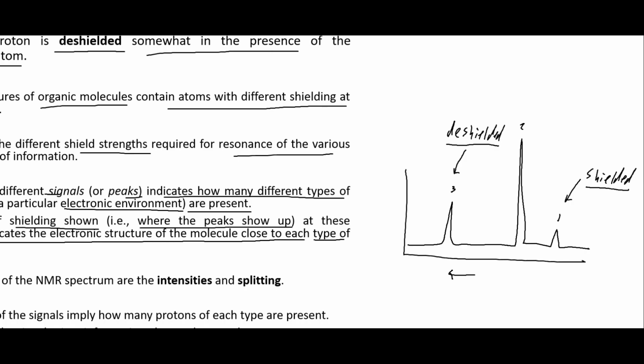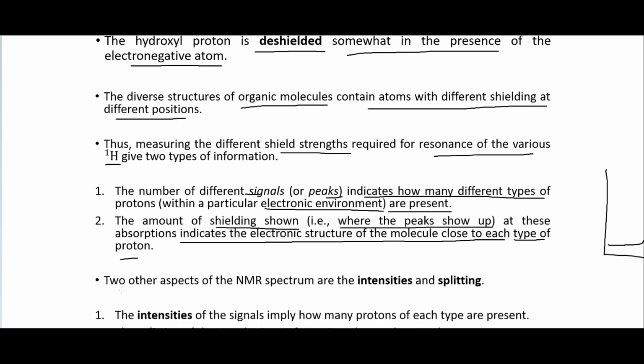What you also notice is that I drew these peaks at different heights here. So there are 2 other aspects of the NMR spectrum, and these are the intensities and splitting. I didn't show splitting on here, and I will be talking about that in a lot more detail in the next video, but this is something that we will see when we are looking at these spectra.